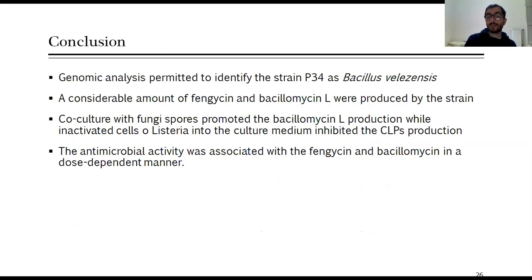A considerable amount of fengycin and bacillomycin was produced by this strain. The co-culture with fungal spores promoted the bacillomycin production, while the inactivated cells of Listeria inhibited the lipopeptide production. The antimicrobial activity was associated with fengycin and bacillomycin in a dose-dependent manner.